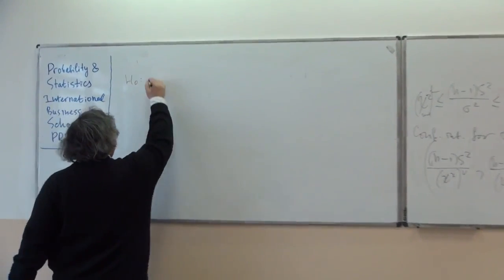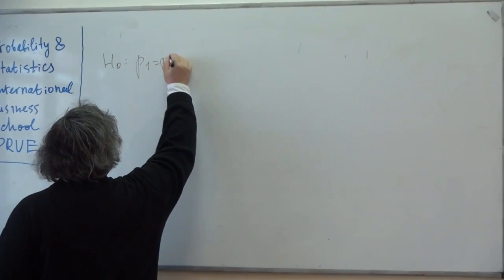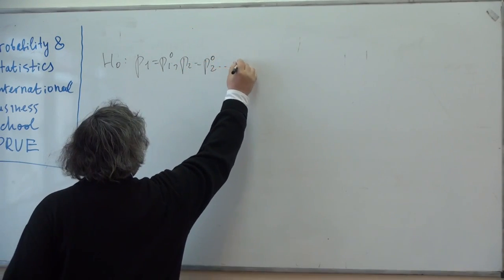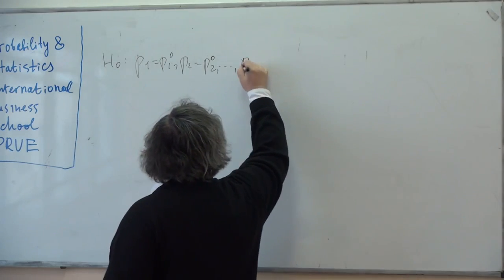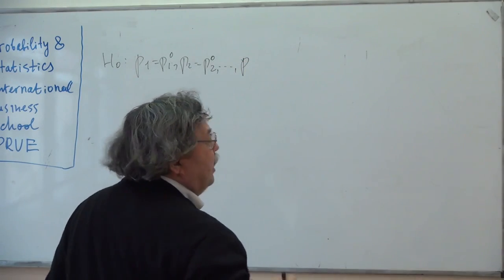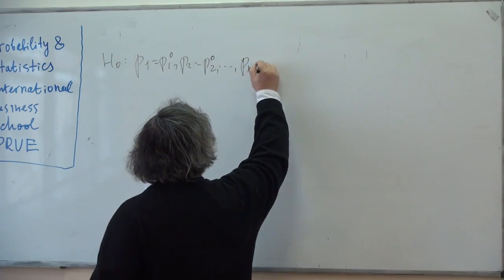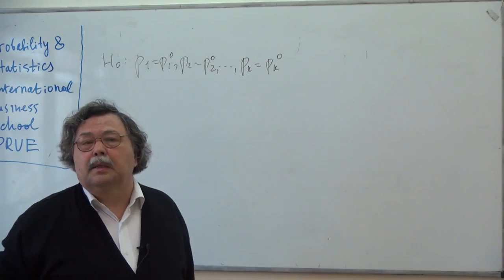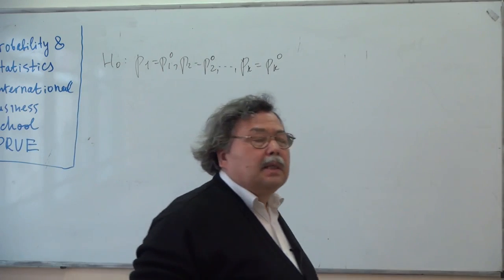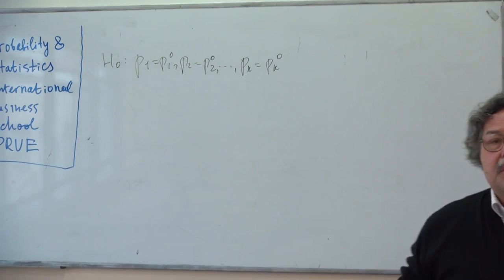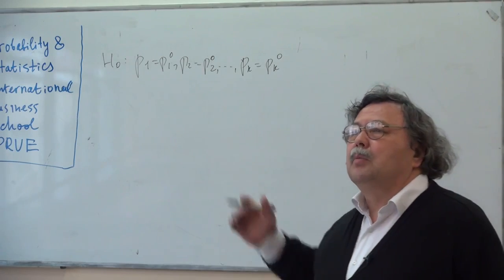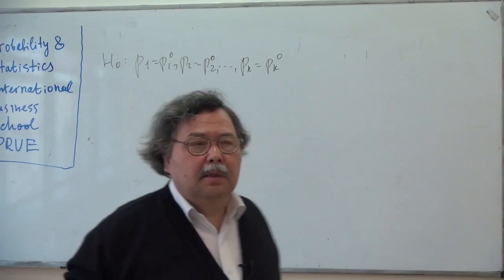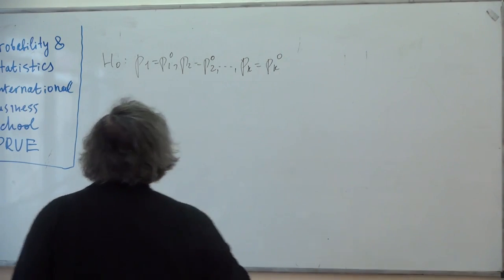H0: P1 equals P1 0, P2 equals P2 0, and so on, Pk equals Pk 0. So the null hypothesis says that the actual multinomial proportion is just equal to this hypothesized multinomial proportion.